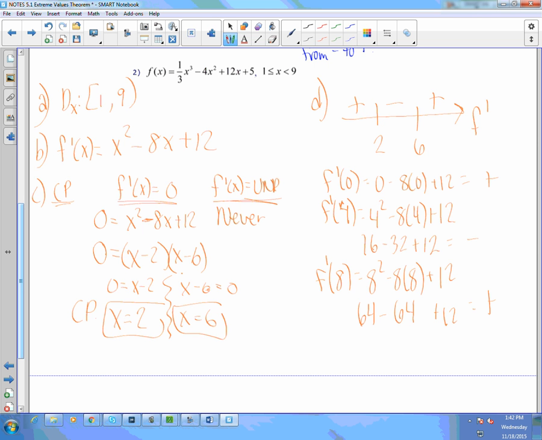So, on 5.2, I know that intervals of increasing and decreasing, that's all this is asking. Let's review. If it's positive, is the interval increasing or decreasing? Increasing, because the slope is positive. From 2 to 6 is decreasing, because the slope is negative. Here, increasing.